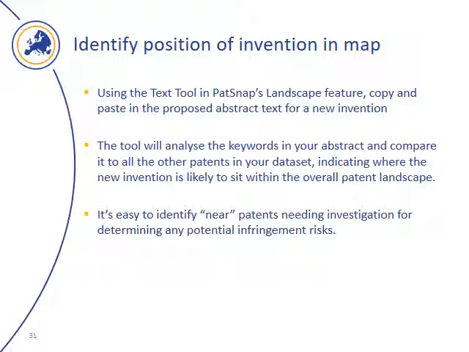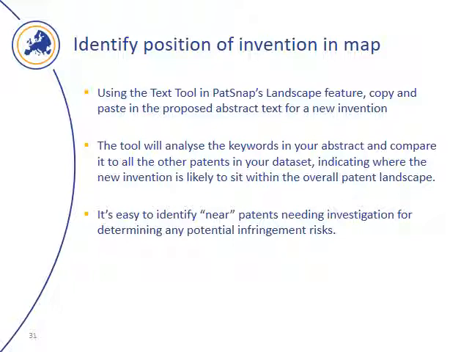So it generally also checks which keywords are anyway abundant in all the patents, and these are weighed much lower, and specific keywords which appear only in few patents have a higher weight then. And with that artificial intelligence, the software indicates where the new invention is likely to sit within the overall patent landscape.